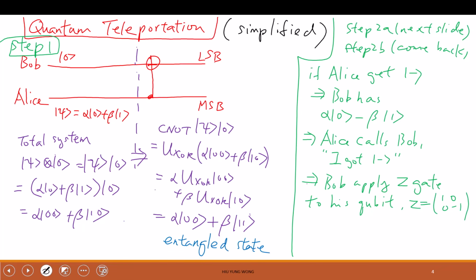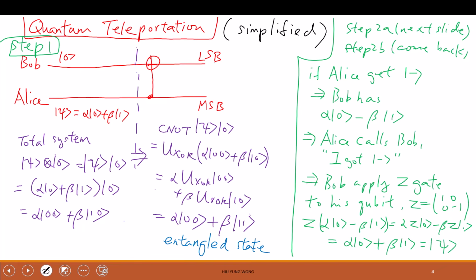What does it do to the 0 qubit? For 0, nothing. What does it do to 1? Not flipping, adds negative 1. Right? Then Z(alpha 0 minus beta 1) equals alpha Z0 minus beta Z1, which is equal to alpha 0 plus beta 1, which is equal to psi.